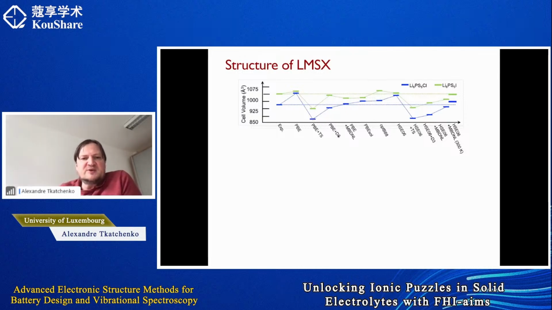PBE plus D3 seems to work well, but if you move to HSE plus D3, which is just a change of the functional, the results are much worse. And this is surprising. We don't understand why there's such sensitivity to the change in the parent functional, which does not happen with the Tkatchenko-Scheffler approach, which gives exactly the same results from PBE to HSE.